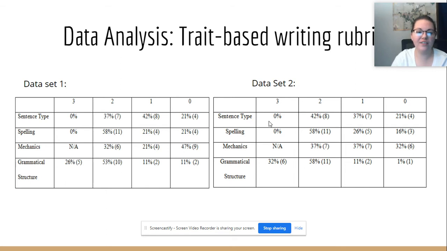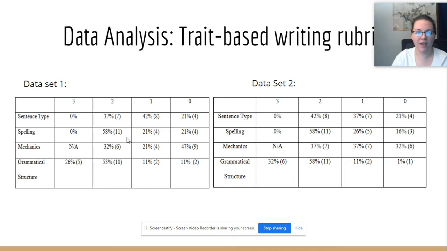If we look at how sentence type changed over a week of implementing the photography project, it went from 37% to 42%, 42% to 37%, and 21% stayed the same. So one more student was able to make a more complex sentence than the previous week.